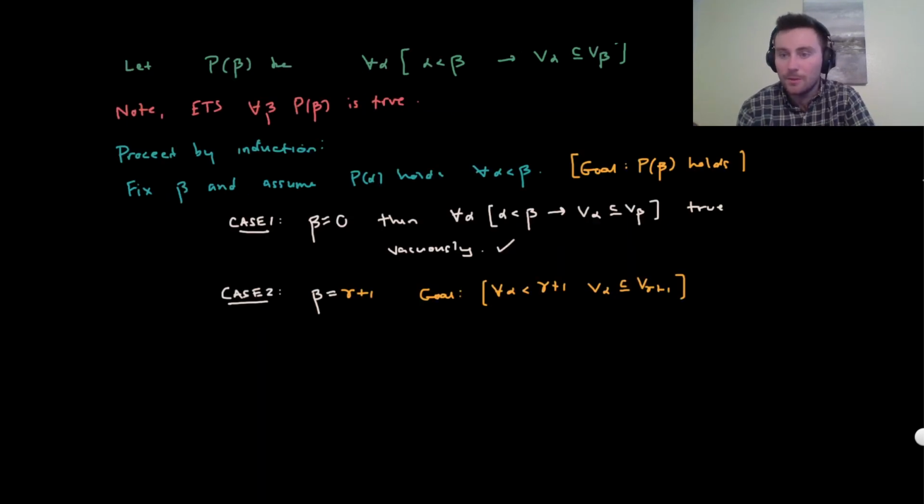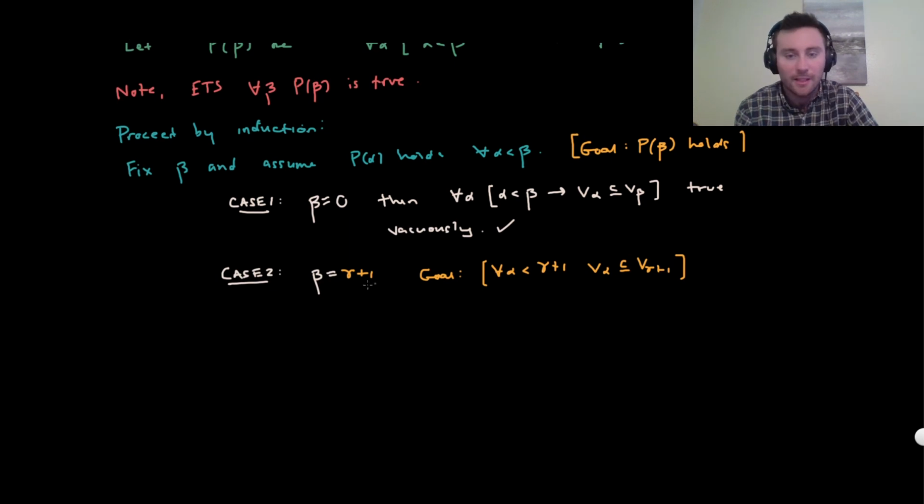So what we can do is, well, let's fix some alpha less than gamma plus 1. Well, if it's less than gamma plus 1, it's going to be less than or equal to gamma. And, well, what can we do from here? One thing to note is that V gamma is an element of V gamma plus 1. And why is this true?